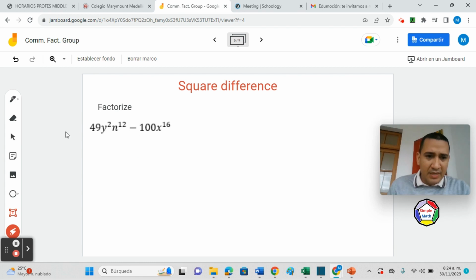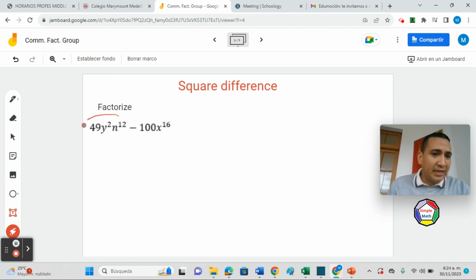Yes? If you see what happened with the letters, y exponent 2 has a square root, which is y, because it's y times y, and n exponent 12 also has a square root, and x exponent 16 also has a square root.